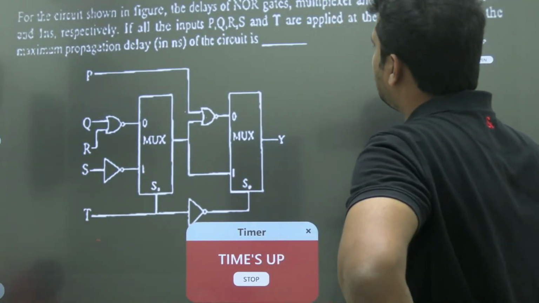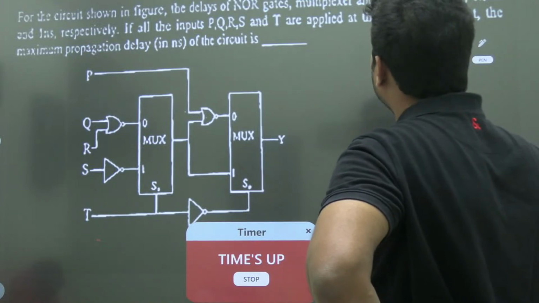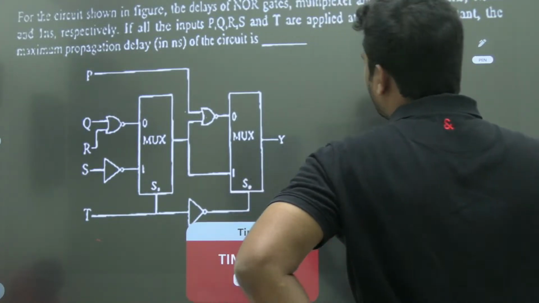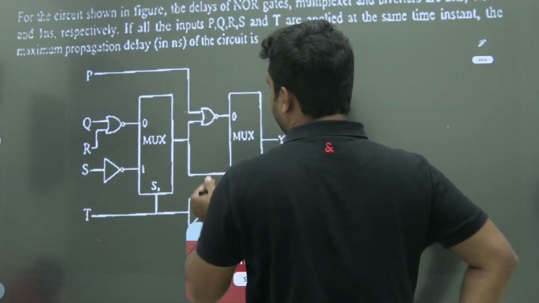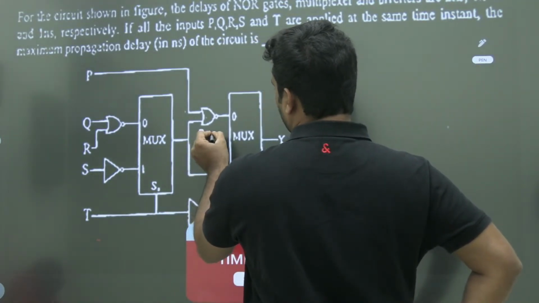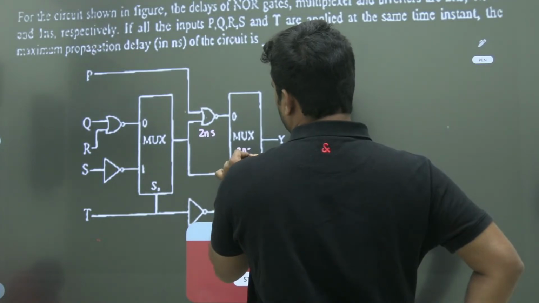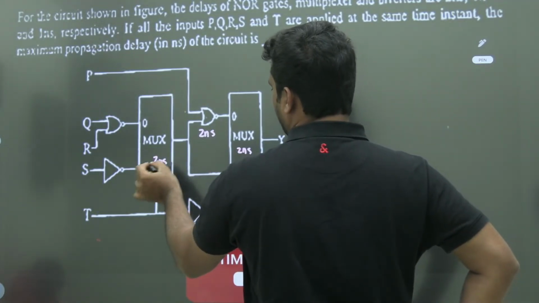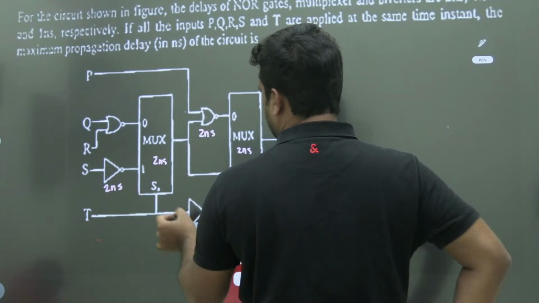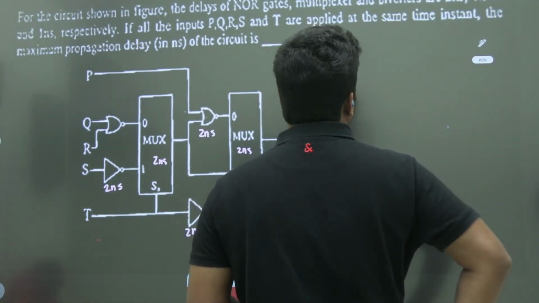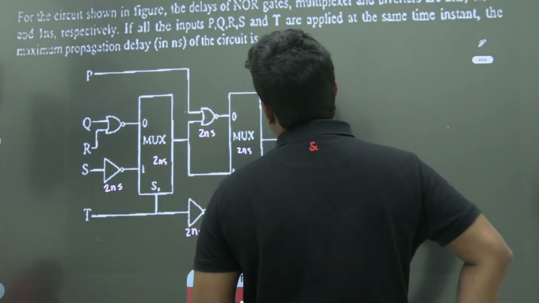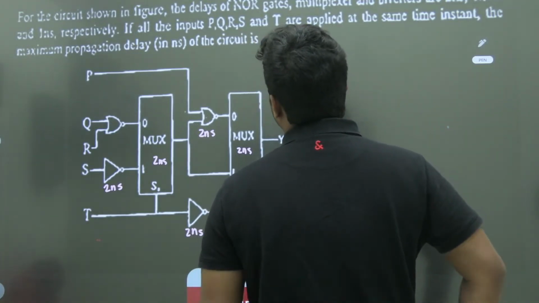So for the circuit shown in the figure, the delay of the NOR gates, multiplexers and inverters are given. NOR gate 2 nanoseconds, multiplexer 1.5 nanoseconds, inverter 1 nanosecond.